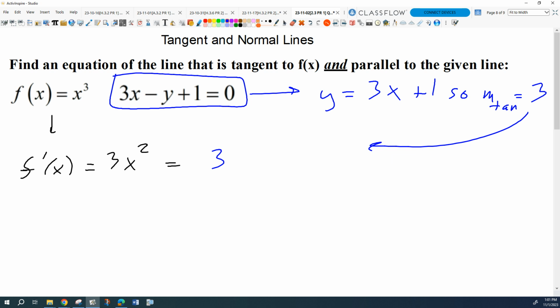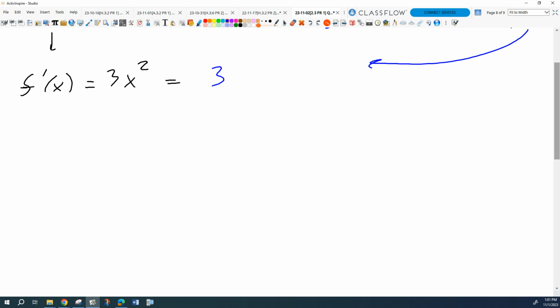They give us the answer through calculus, and a little algebra. So we got to work for it a little bit. What are we going to get? Yeah, right? We're going to divide both sides by 3, and we're going to get x squared equals 1. So what does x equal? Plus or minus 1.